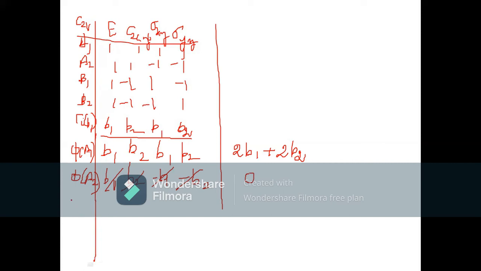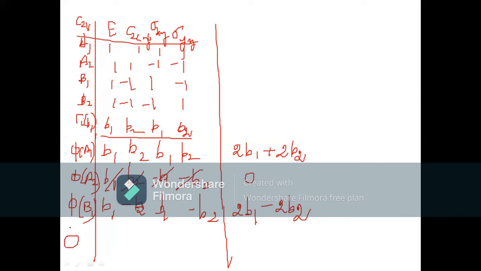The next one is phi of B1. It is B1 minus B2, B1 and minus B2. So on total it will be 2B1 minus 2B2.